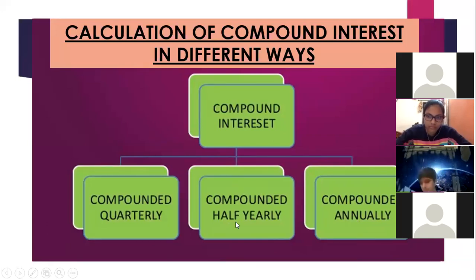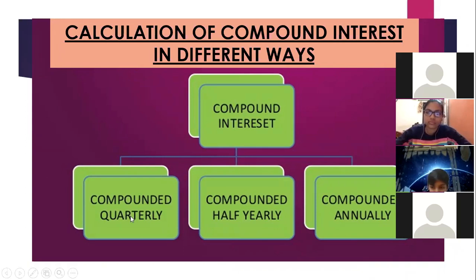Second is when we calculate the interest every half yearly. That means annually means only once in a year I'm going to calculate the interest. Compounded half yearly means in a year I'm going to calculate it 2 times. That means after finishing 6 months, I'm going to calculate. And then again for the second 6 months, I'm going to calculate again.